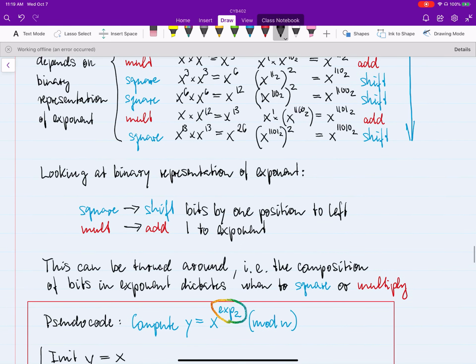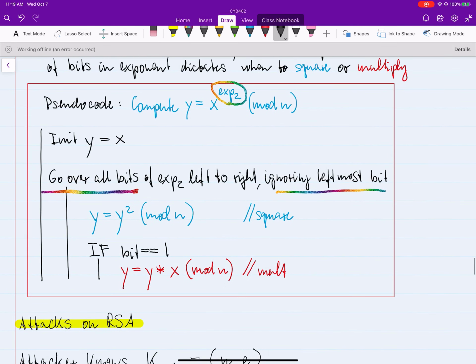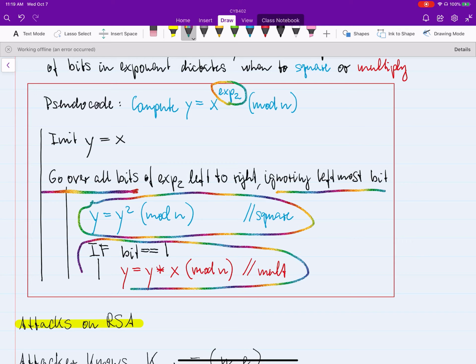And then we square. So we square here. And whenever the bit is 1 that we look at, we also need to multiply. This is here. And we keep doing that until we have run out of bits.